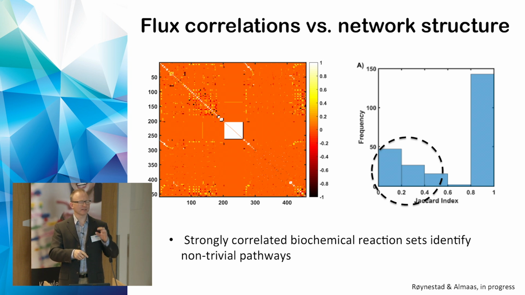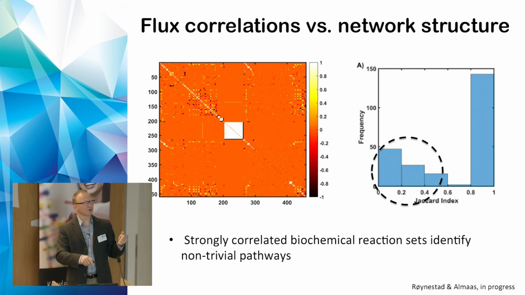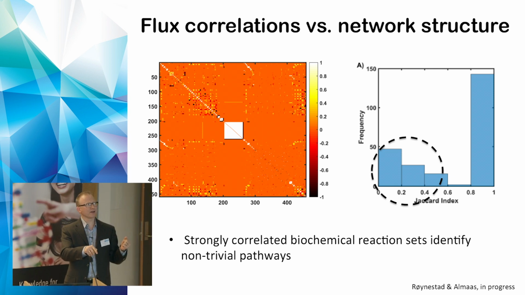One, that is the reactions that should be tightly connected just based upon the biochemical network structure. And the other based on correlations measured in these computational fluxes. For many of the reactions, they have the same sets. Not really interesting. It means that these sets are purely determined by structure of the network. However, we also find some sets that are highly correlated that are not driven by the biochemistry of the system, the obvious biochemistry of the system.